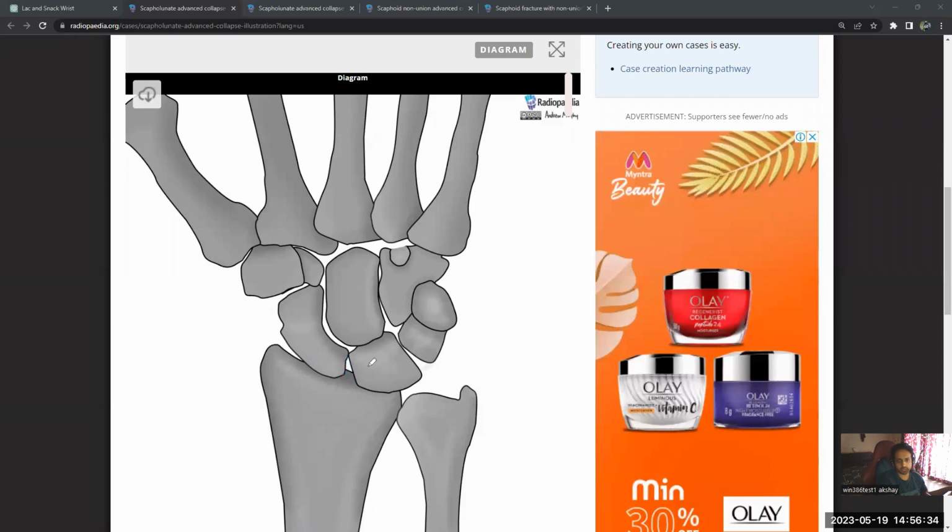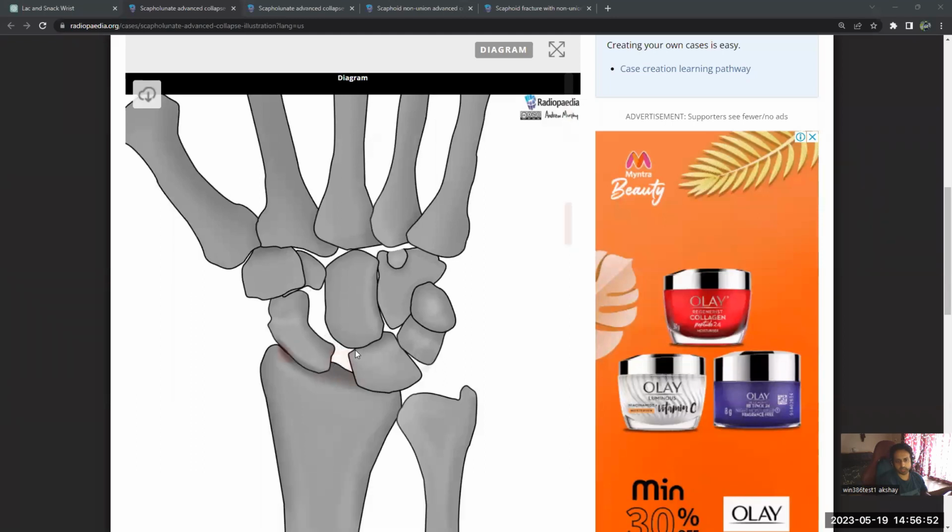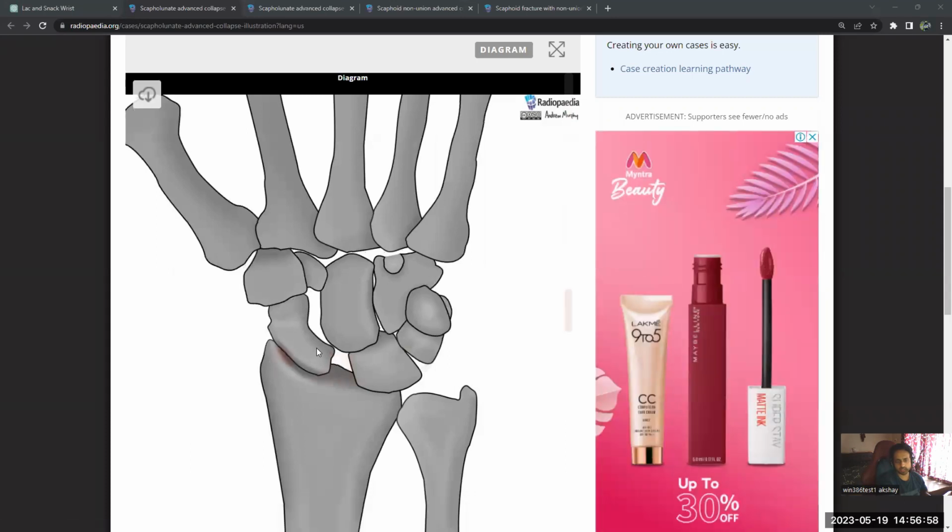The ligament disruption will happen, and because of that the scapholunate gap is more. When it is left untreated, as it progresses, you can see osteoarthritic changes developing between the scaphoid and the radial styloid.